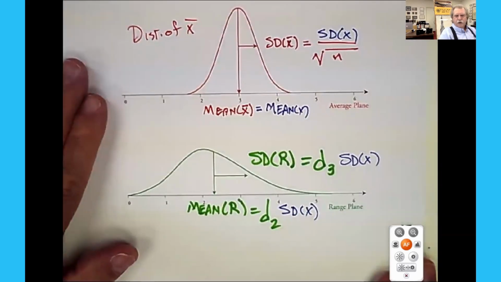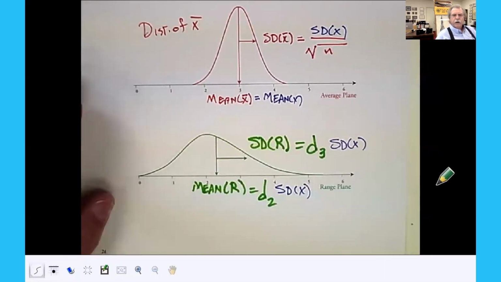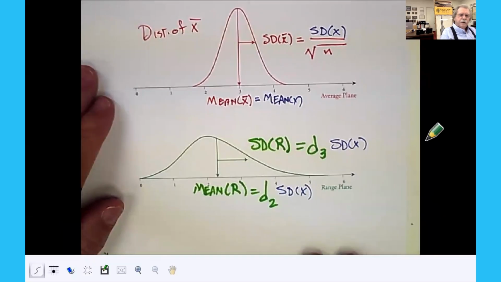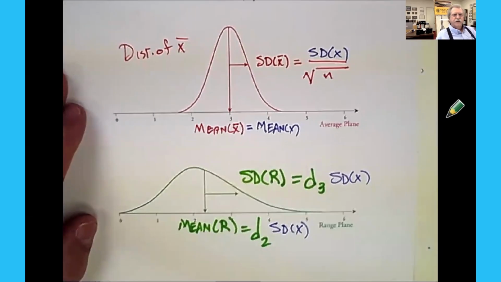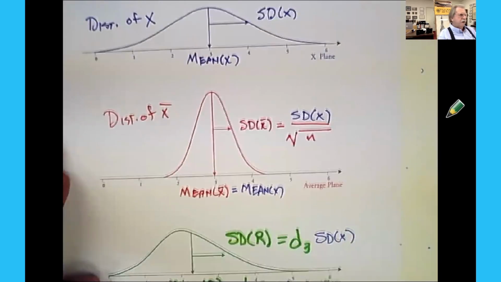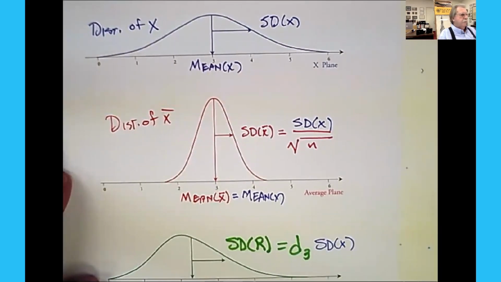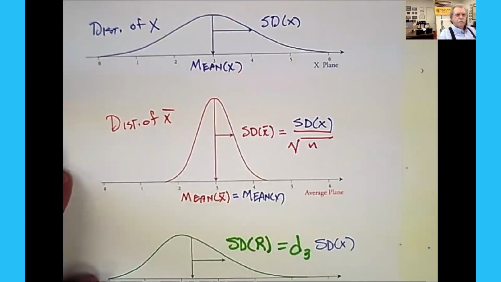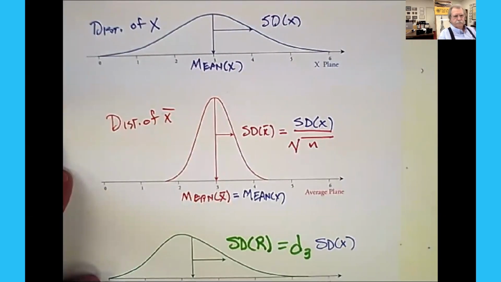Now, this is all wonderful, except in practice, it's all unknown. We don't know any of these values. We know how they're related, and that's helpful. But we don't know the values for any of them.